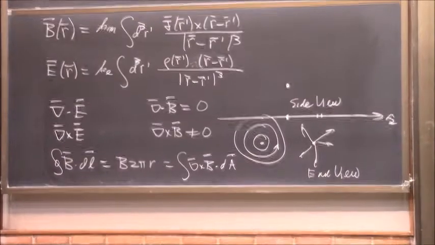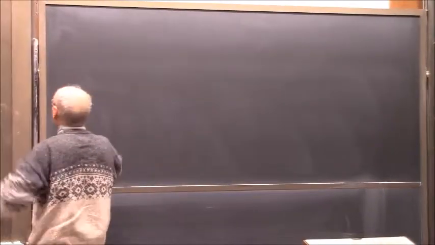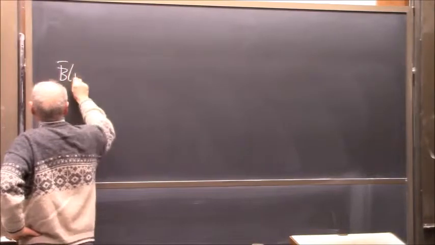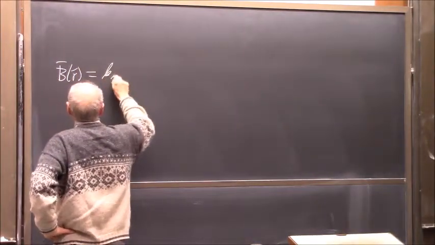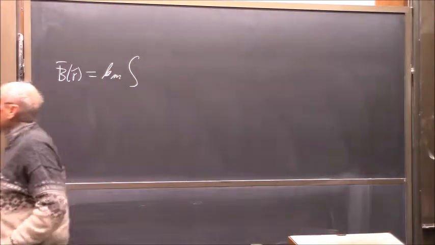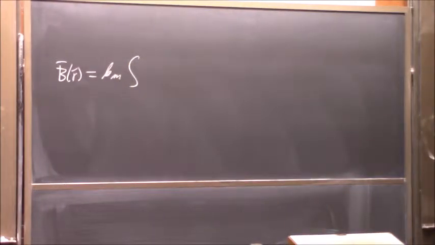Okay, so now that integral for B will become k sub m times I dl, as we said, it has to take account of the geometry. In this case, it's along a line. So a current density times a volume becomes a current times a length.